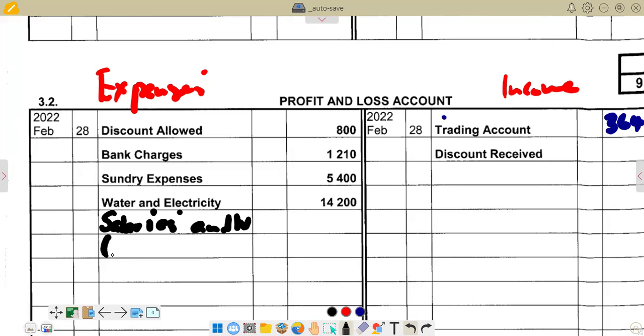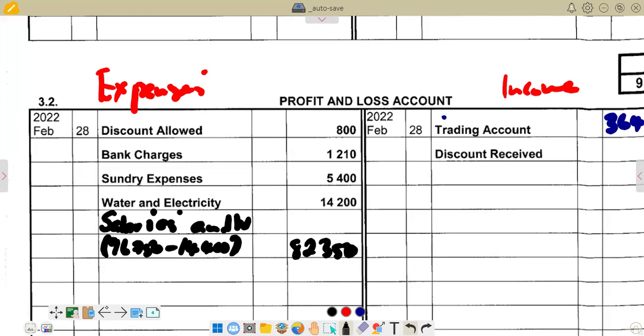So in brackets, we put the figure that we have for salaries and wages in the list of balances, 96,750. Then we subtract the figure for the drawings that is inside, which is 14,400 that we calculated. So 96,750 minus 14,400, we are going to get 82,350. So this is the final answer that we are having.